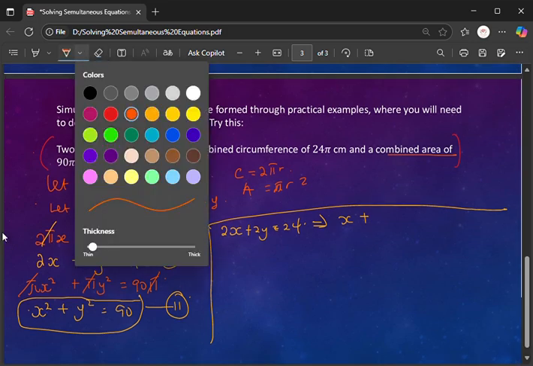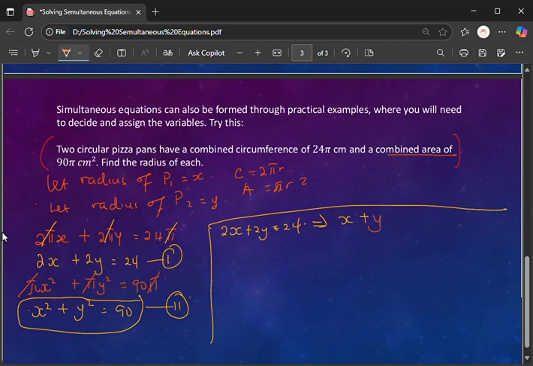Okay, so x plus y equals 12. Okay, so from this we can say x equals 12 minus y. Now we have x as the subject, and now we substitute in 2. So we can say in 2, we now write 12 minus y whole squared plus y squared equals 90.